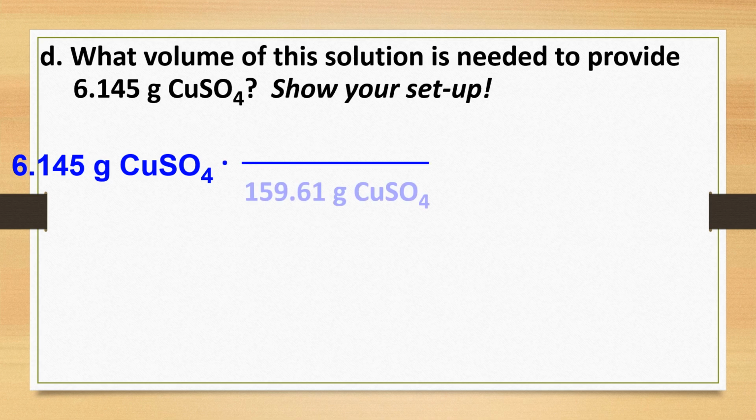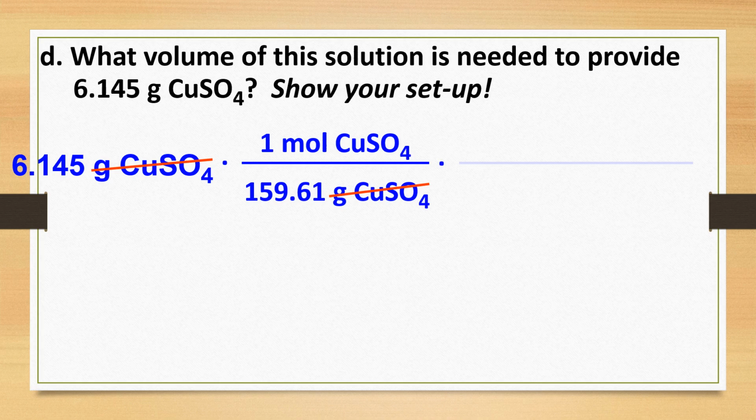So we're going to convert that, with each mole of copper sulfate having a molecular weight of 159.61 grams. After you cancel out the grams, you have the mole number. Now with that mole number, you are converting it to the volume. Remember your concentration, even though it's written as molarity, has units equivalent to moles per liter.